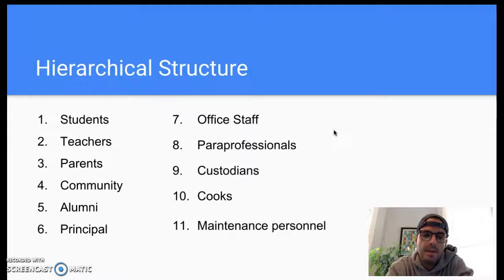It's important that students aren't hungry and are consuming healthy foods in order to promote a good learning environment. Same goes for maintenance as well. But I think those people touch the students a little bit less than the groups of people before them.